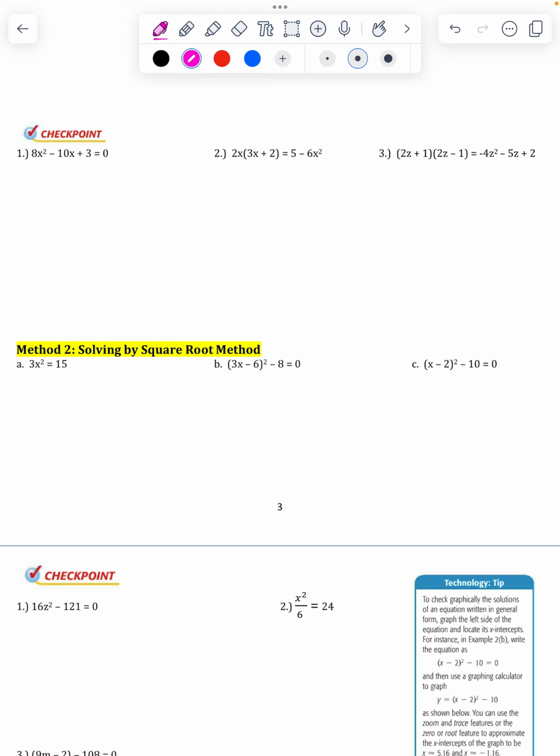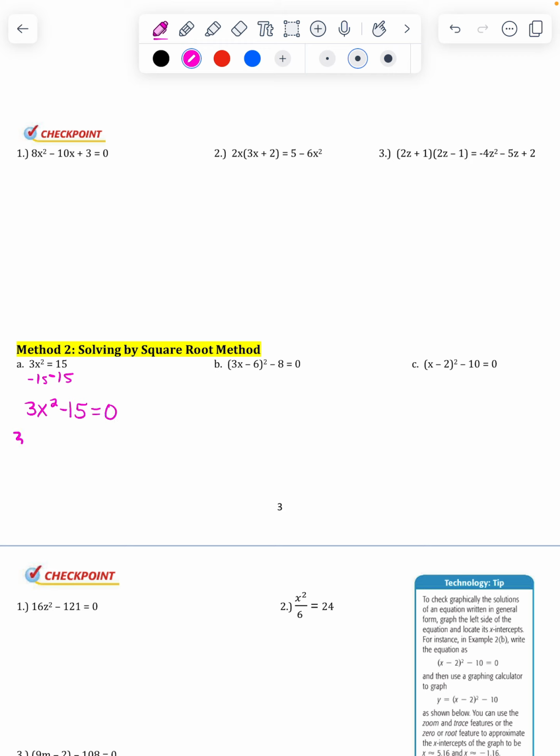So this method is going to be a little bit different, because if you were to try to factor this using the factoring method, like let's say I didn't give you the direction, I just said solve the quadratic equation. If I was to try to factor this first one, I would put it in standard form by subtracting 15 from both sides. I would get 3x squared minus 15 equals 0, and then I would factor it.